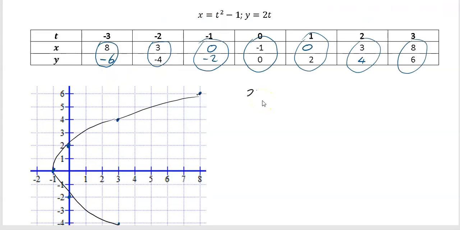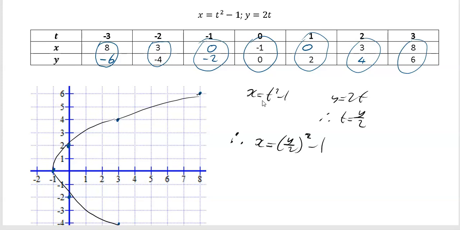Okay, so to do this, all I'm going to do is say my x is equal to t squared minus 1, my y is equal to 2t, and I'm going to use my y to say that therefore t is equal to y divided by 2. So therefore my x is equal to (y over 2) all squared, minus 1. So what I've done there is where I see my t in my x equation, I replace it with y over 2.